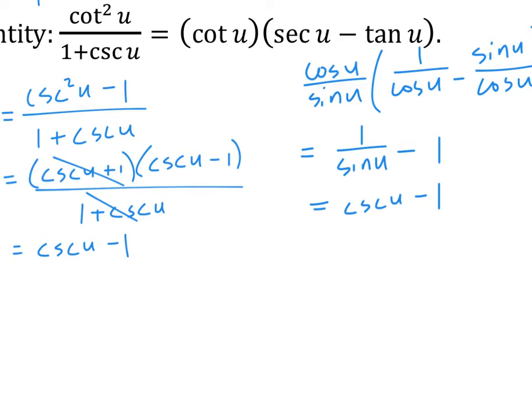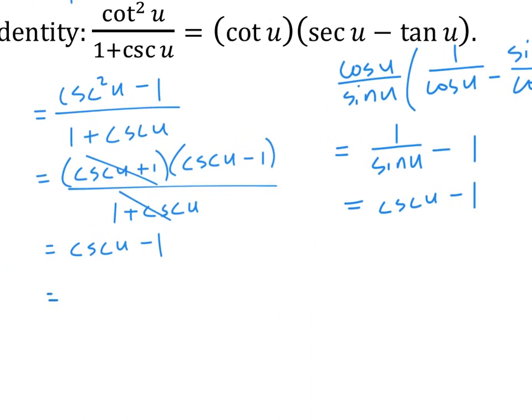Okay, all right. Some of you are still like, I don't know what I'm supposed to do. Okay, the next step is going to be 1 over sine u minus 1, because that's just this step. Does that make sense? I'm going this way.